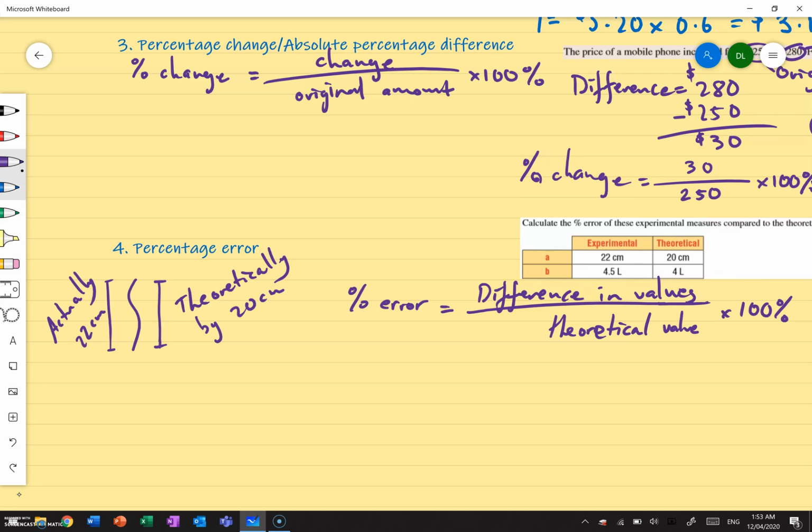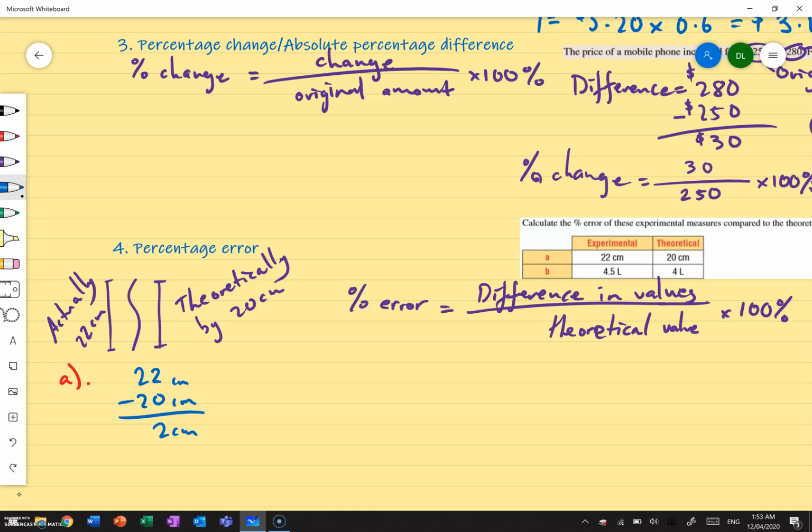So let's go ahead and try and solve this. So this is actually A over here. So let's ignore B. Let's just look at A. What's my experimental value? Well, my experimental value is 22 centimeters, and my theoretical is 20. So what's the difference in values? Well, it's just 22 minus 20, which gives me 2 centimeters. And then what's my theoretical? It was 20, right?